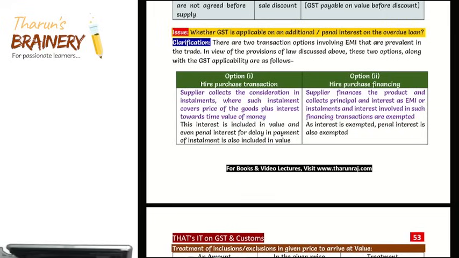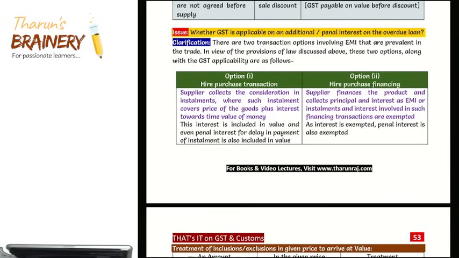This is a hire purchase transaction. In each and every installment, there is a principal component and an interest component. Agreed? That principal component is towards sale of goods, but that interest component is for delay in receipt of consideration, and it will be chargeable to GST. Got it? Why? Because this will come under interest on account of delay in receipt of consideration.